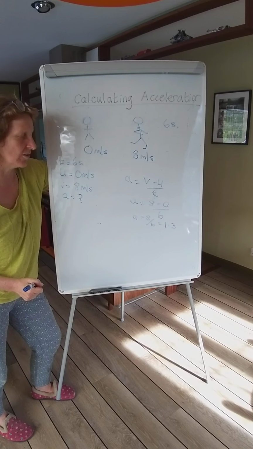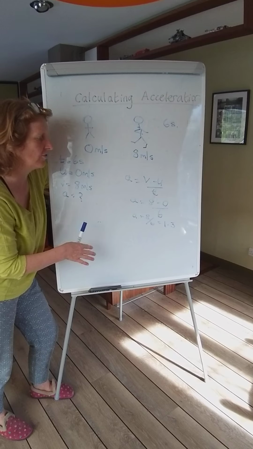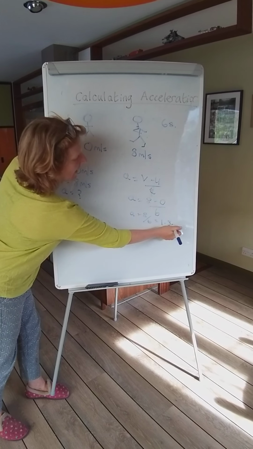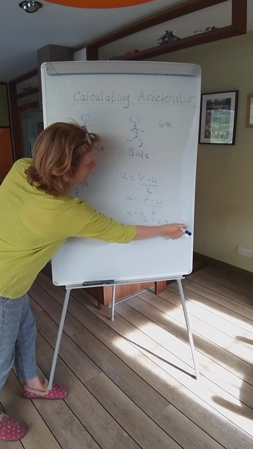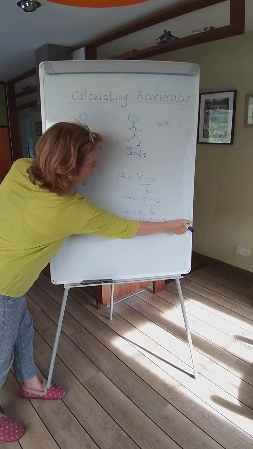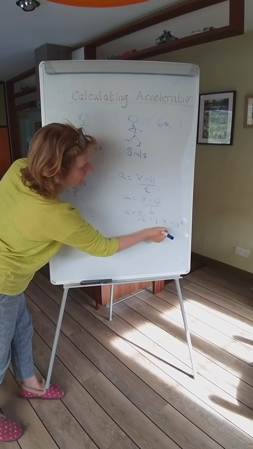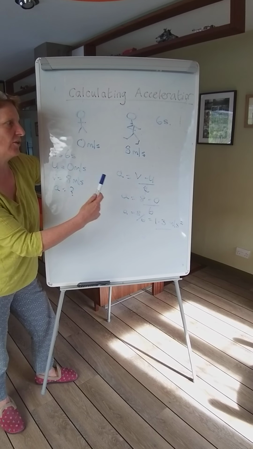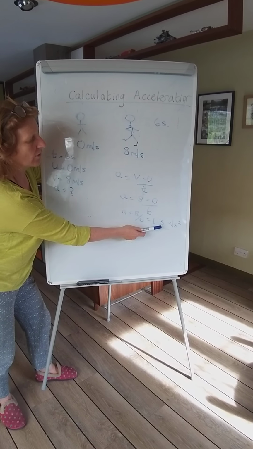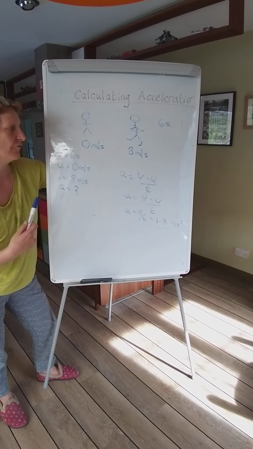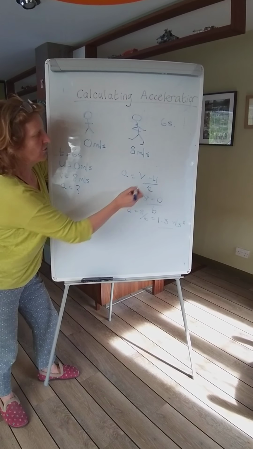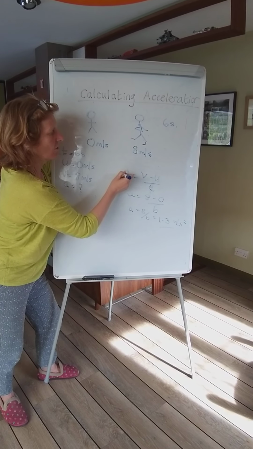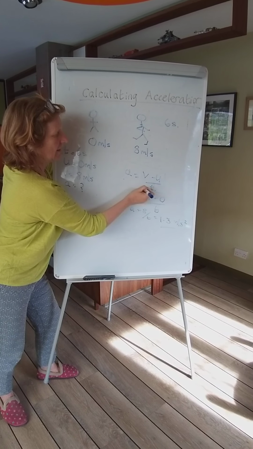You'll get a whole load of numbers in your calculator, but let's just round it to 2 significant figures, and it's meters per second squared. So that means that this person here, every single second that went by, they got 1.3 meters per second faster. So that's what we're doing, we're using this equation here.